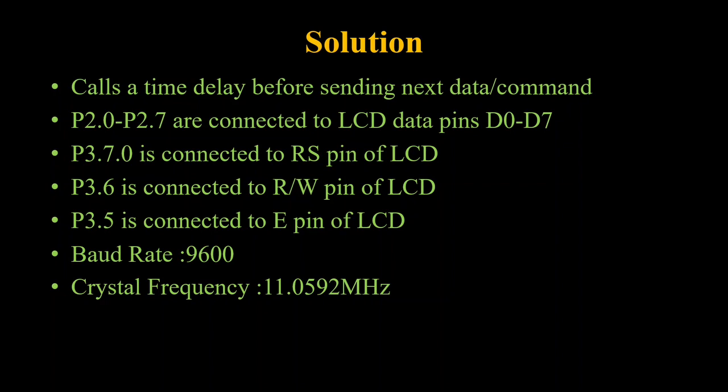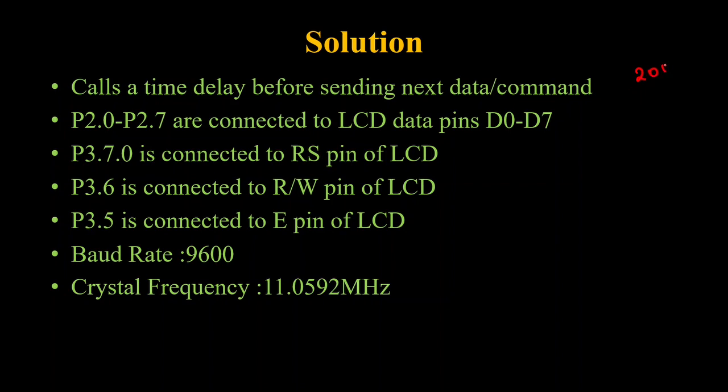So an ideal solution, how we can end up in terms of the solution. Call a time delay before sending the next data or command. What does this mean? Your microprocessor is going to work on a very fast clock, but your LCD may have some delay, so whenever you send data or a command to your LCD screen, take some time delay of approximately 20 milliseconds.